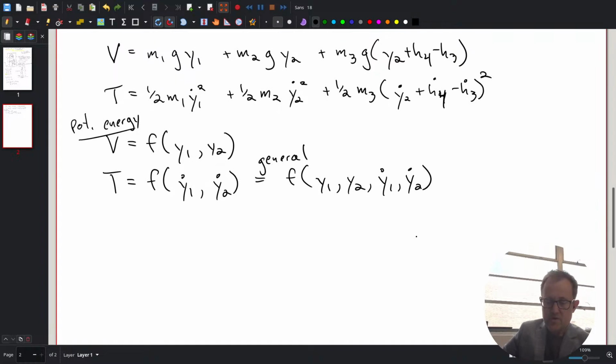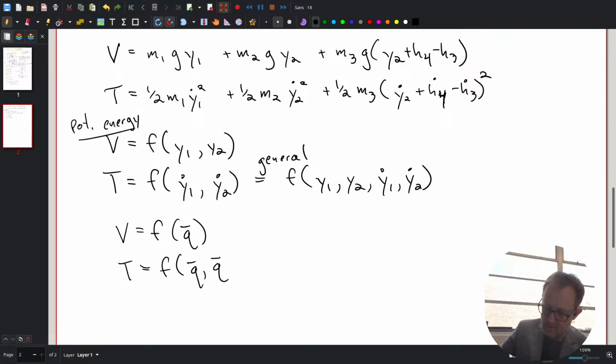So what we're really trying to do with these Lagrange methods is that the potential energy is a function of q, and the kinetic energy is a function of q and q dot.